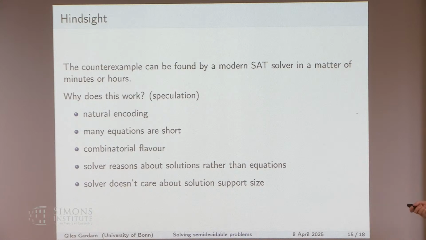And finally, the last point: the SAT solver doesn't really care about how big the solution is. Right? So it's again a bit of a lie. It's probably easy to find solutions that have small support.